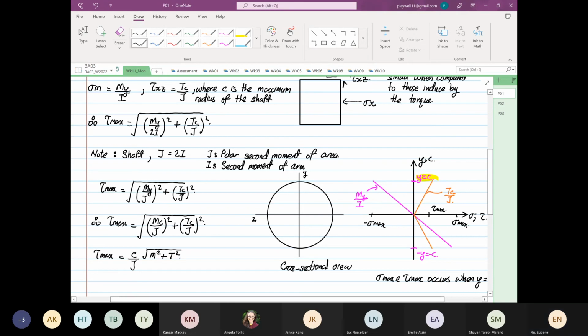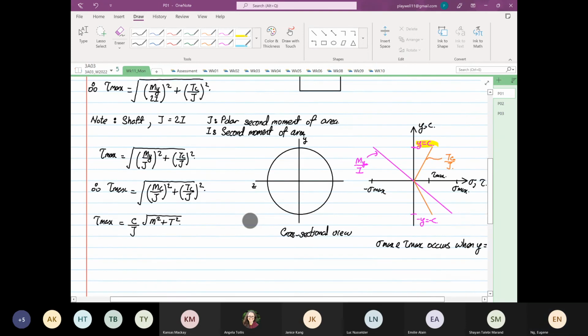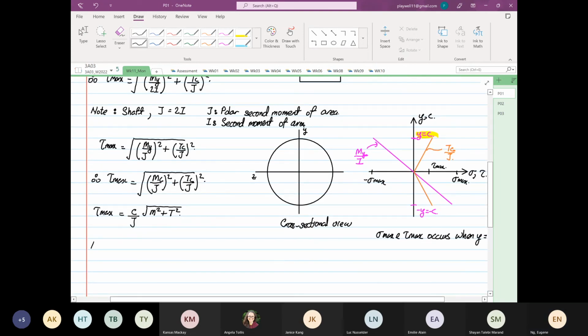And note, moment is equal to moment in the y direction squared plus moment in the z direction squared, and torque is acting on the x-axis.